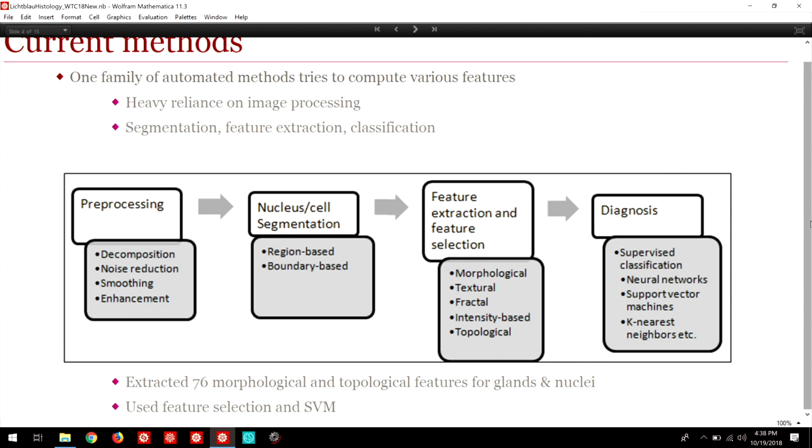I was interested back then in finding the glands and finding the nuclei. And for these components, I computed morphological features like area, perimeter, and also other features that involve the topology of these components.